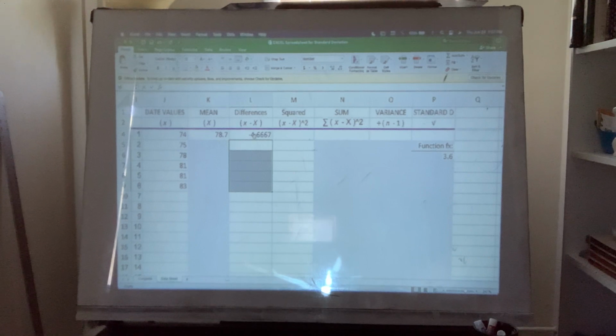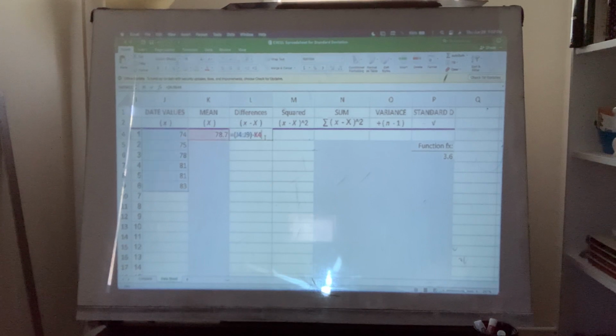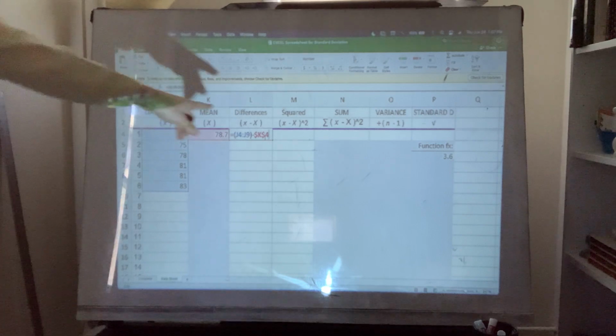What I'm going to do is go in here and modify this. Up in the function bar here, you'll see the same thing that was originally typed in this place. If you click on it twice, it ends up showing you. Put a dollar sign in front of each of these things, and that will still give you the same correct calculation for this first cell.